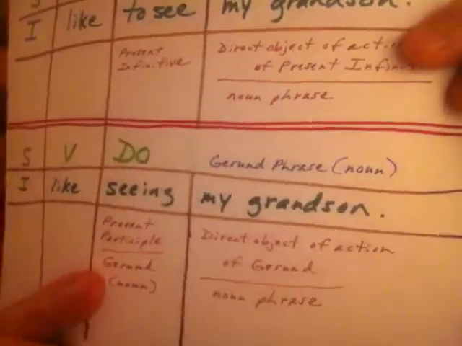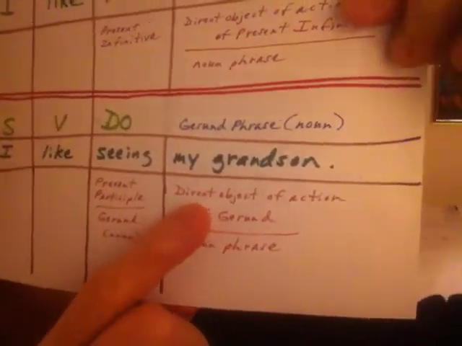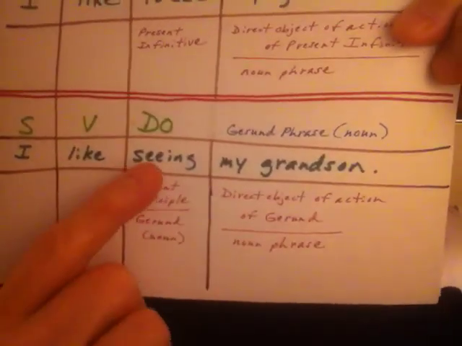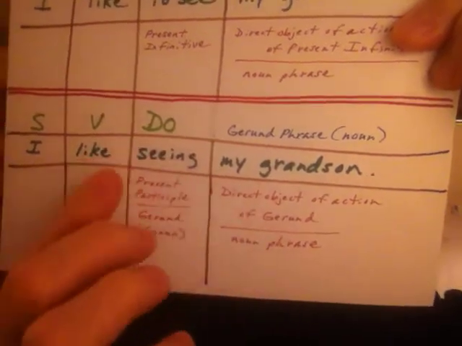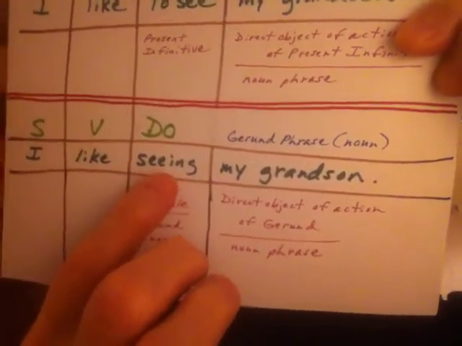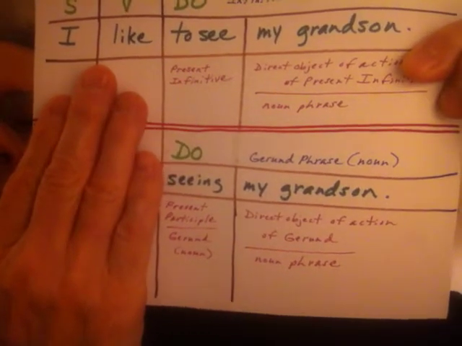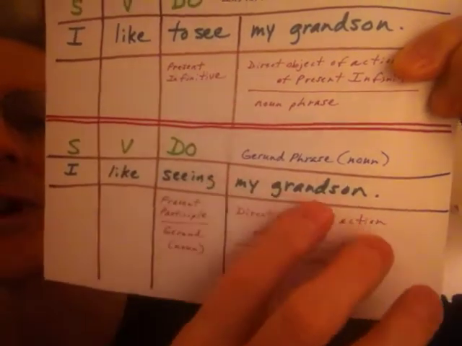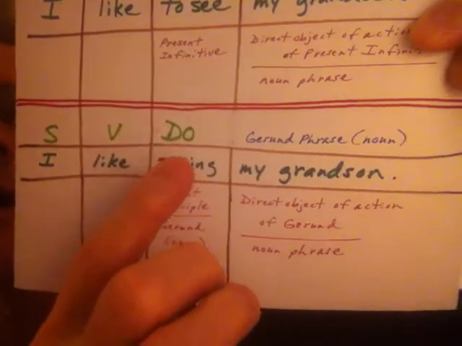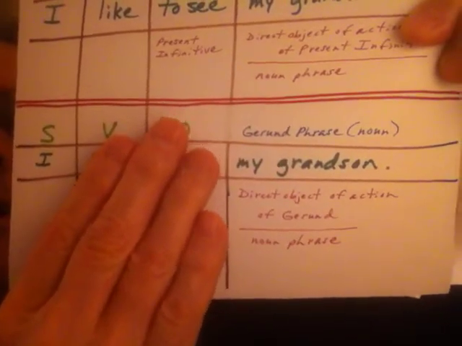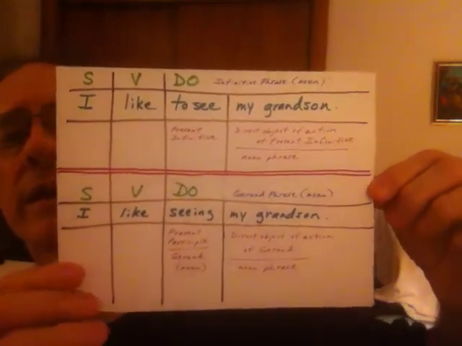And then my grandson over here is the direct object of the action of the gerund or the present participle. It's the direct object of this word. So that's the direct object of the main verb, but my grandson is the direct object of seeing. And that's also, my grandson is a noun phrase. So that's an idea of sentence structure, and that's about it.